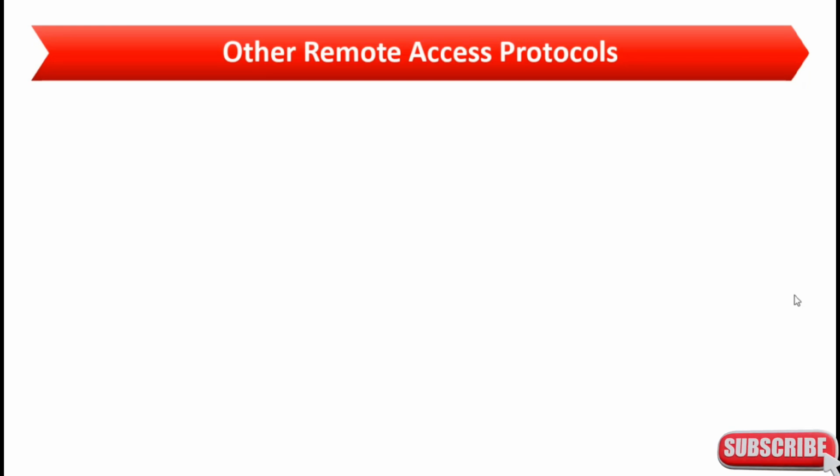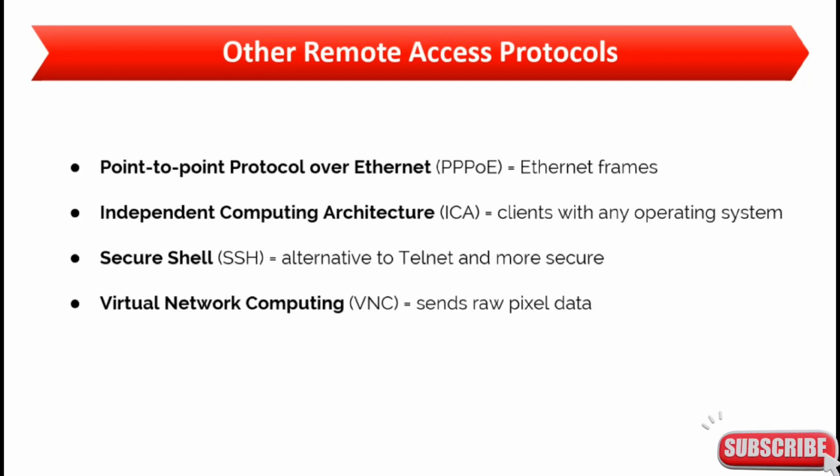In the last lecture, we talked about the remote access services and the remote desktop protocol. Now, let us get done with the other remaining remote access protocols. The first one is the Point-to-Point Protocol. Now, Point-to-Point Protocol is a layer 2 protocol that provides authentication, encryption, and compression services to clients logging in remotely.